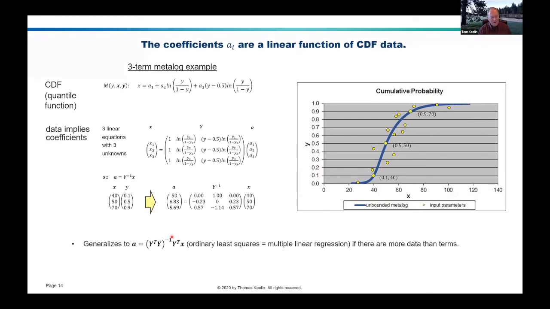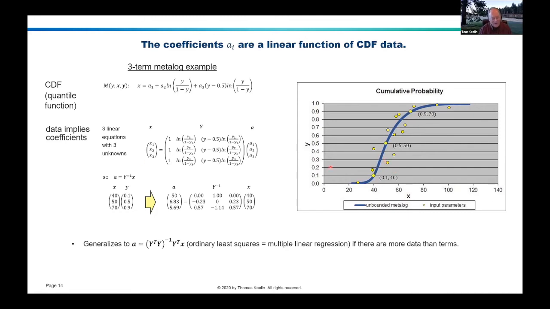But anyway, with this simple closed form equation, you can come up with the coefficients of the metalog that will go in a least squares sense through whatever set of data you've got. So there we are. And that's the basic way you get metalogs from data. That's why we say metalogs are parameterized by data. You can think of these data as parameterizing your metalog, and the metalog reflects, therefore, the shape of the data.